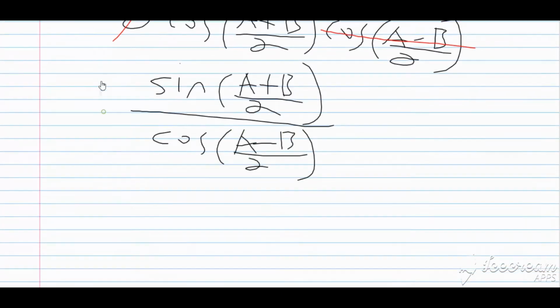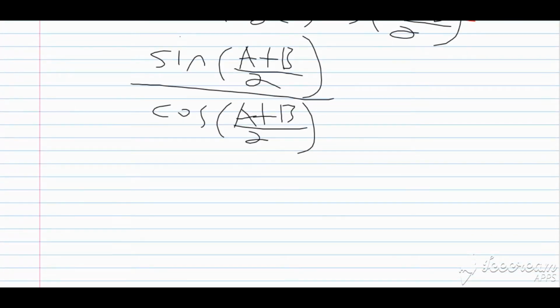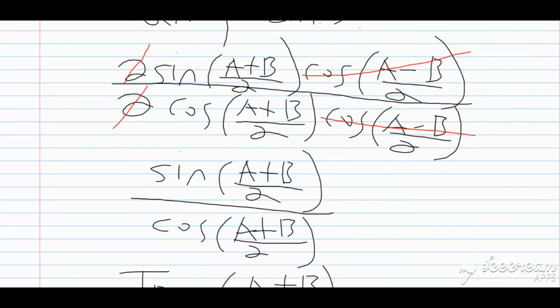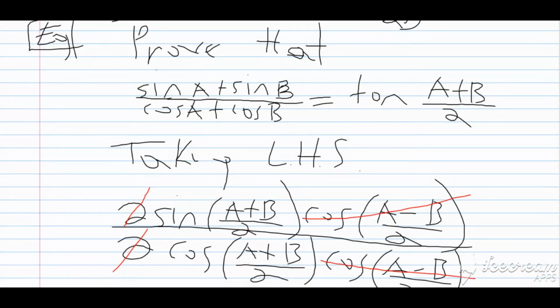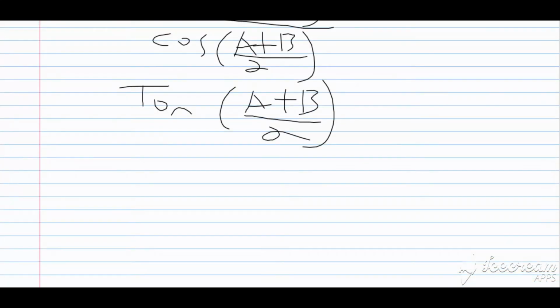We know what happens when you have the sine over the cosine. This is going to break down to give me the tangent of (a plus b) upon 2, which is exactly what I wanted. It was supposed to prove that this would have given me the tangent of (a plus b) upon 2. So now that my left-hand side is equal to the right-hand side, my proof is over.